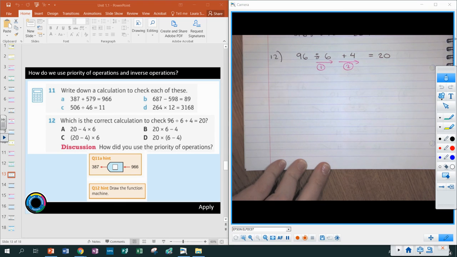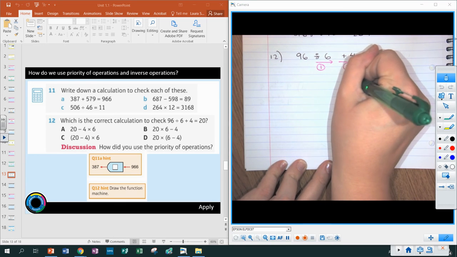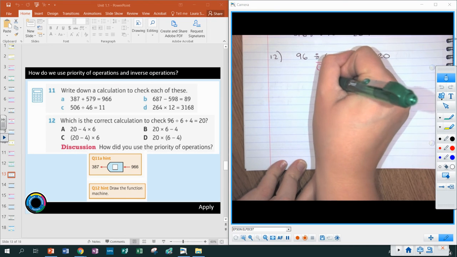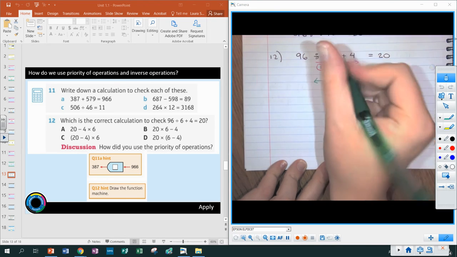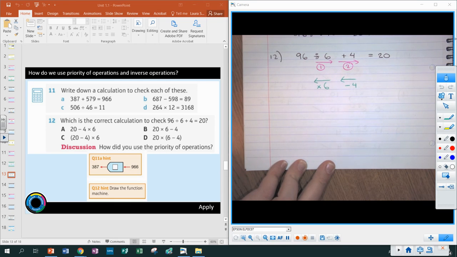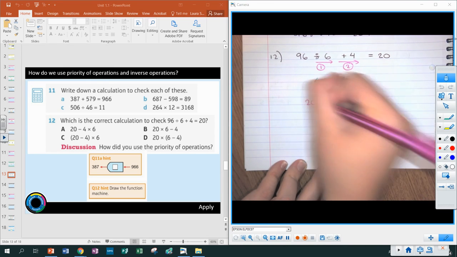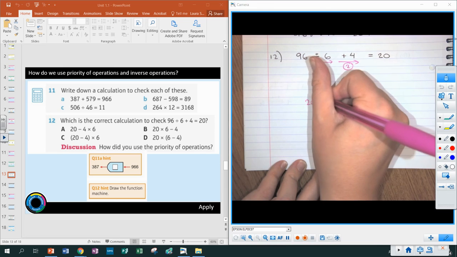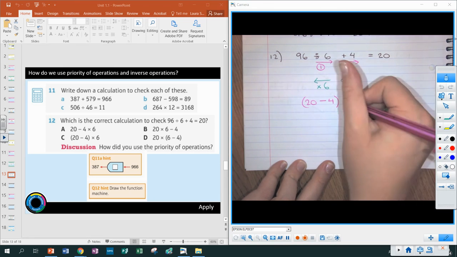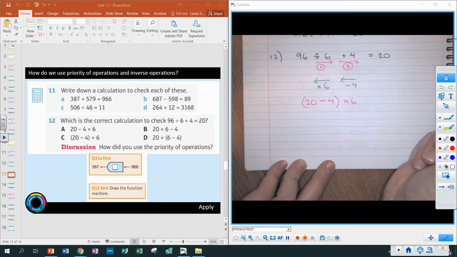And we know we have to work in reverse if we're finding the inverse. So let's do that. I'll use green. That means that this is going to be step 1, take away the 4, and that step 2 will be to multiply by 6. Because we're doing the inverse, we have to use the opposite operation. So, keeping that in mind, we would have to start with the 20, and then we would take away 4, put that in a bracket because we do that first, and then multiply it by the 6.